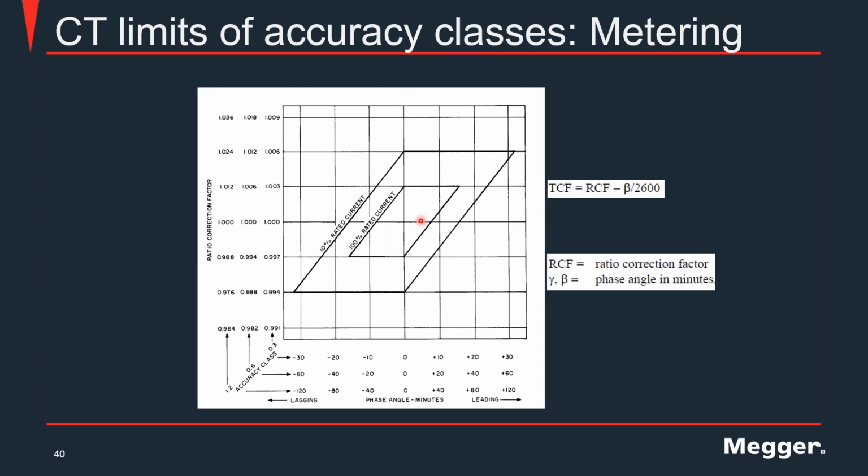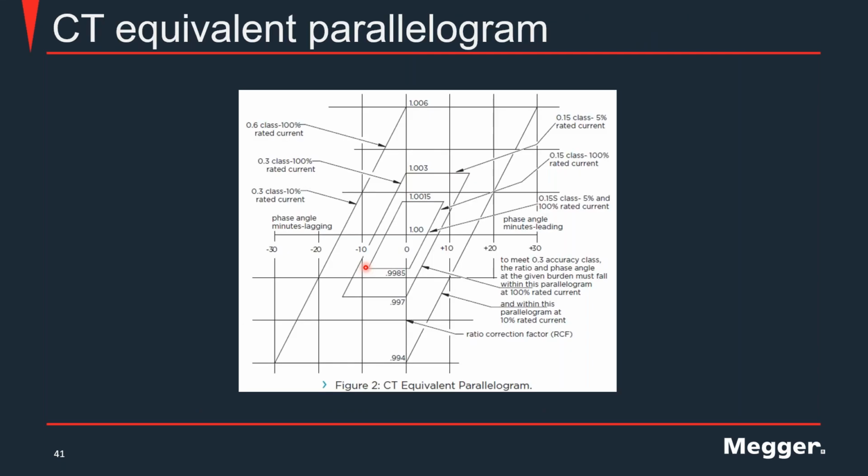If the CT is inside this parallelogram, you're good. If it's outside, you're not. You have here an explanation of what this means for different accuracy classes, for example, 0.6, 0.3, etc.